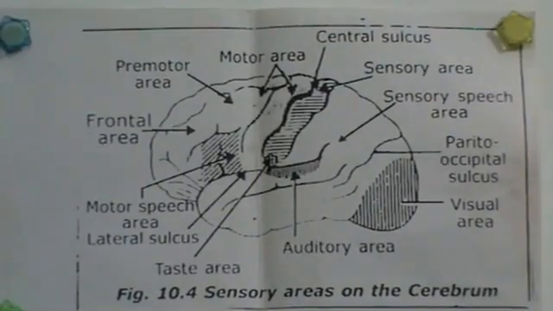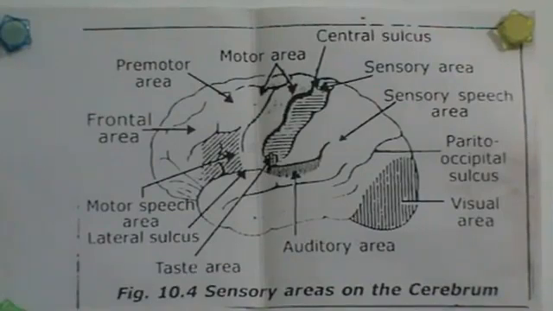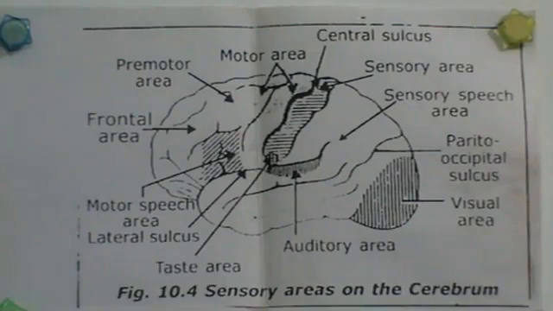You have various sensory areas that are located in different parts of the cerebrum. Cerebrum is responsible for all voluntary activity, consciousness, as well as for all your mental faculties, right?